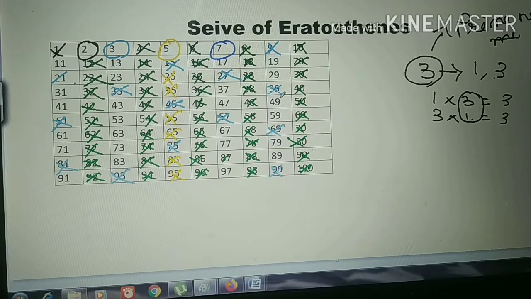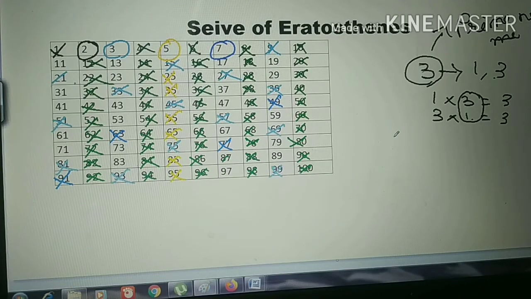Here we can cross out this one, and this one here, nothing here, and here also we can do nothing. Okay, understood?